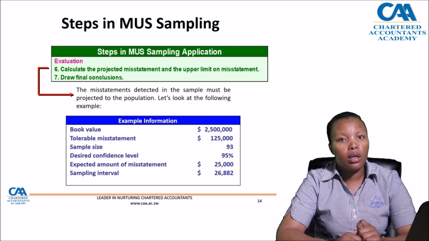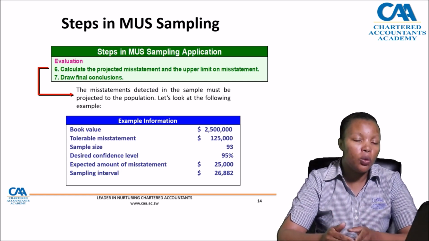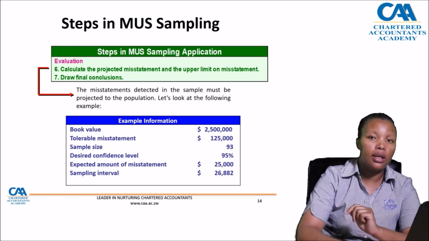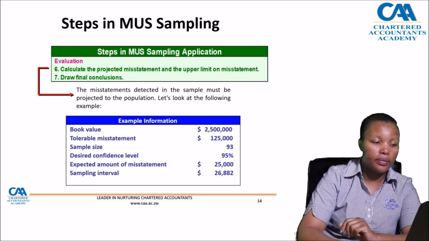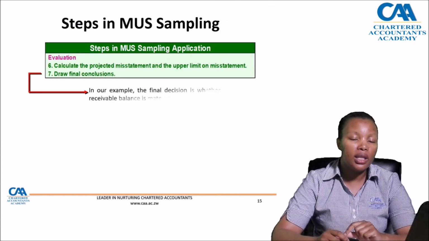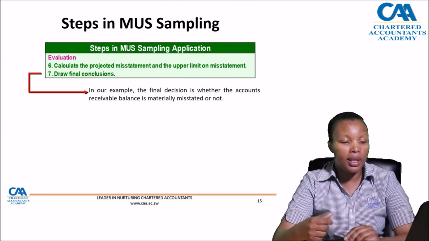So in our example, the thing that the auditor has to do finally is to determine whether or not the accounts receivables are materially misstated. So what do we have to do to determine that? We then will need to compare the tolerable misstatement to the upper misstatement level.